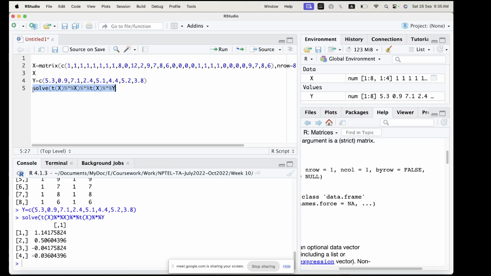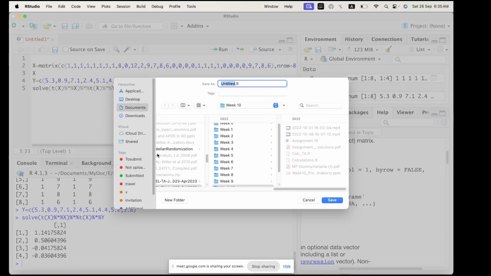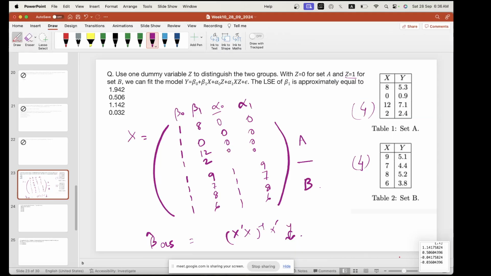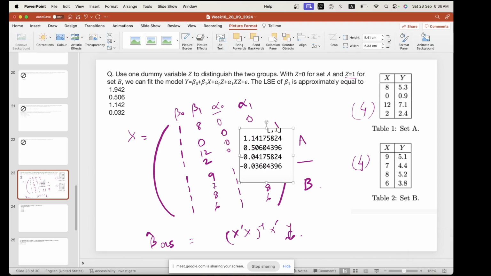So you see, this is actually my beta OLS. These are the estimates of beta.